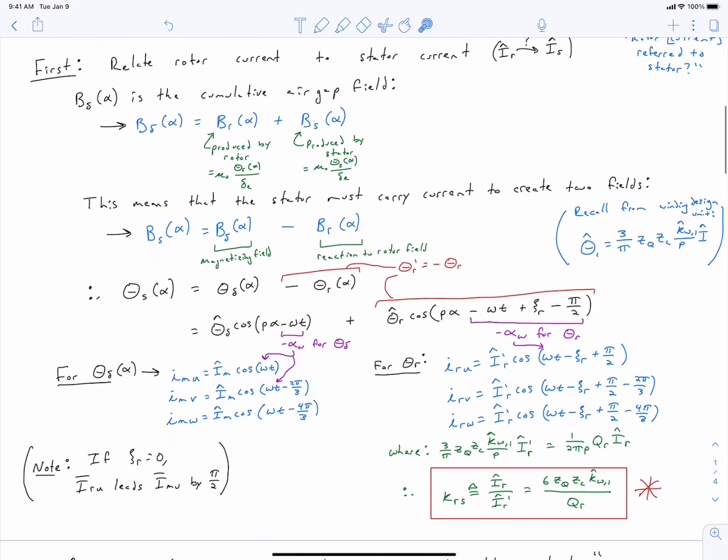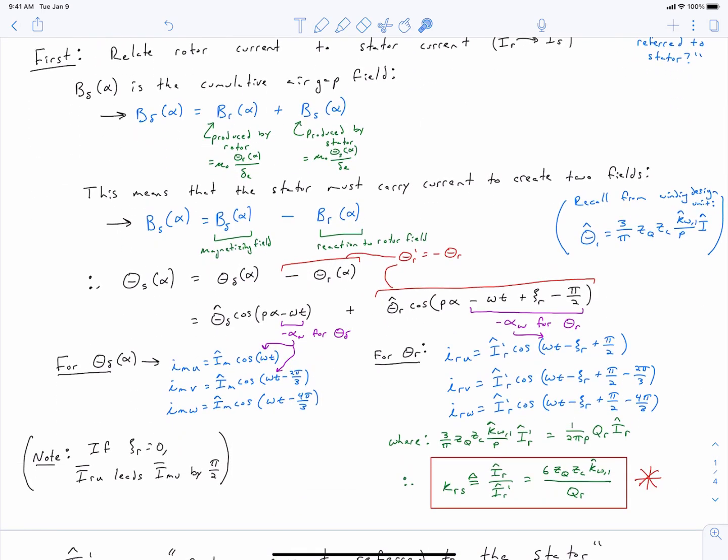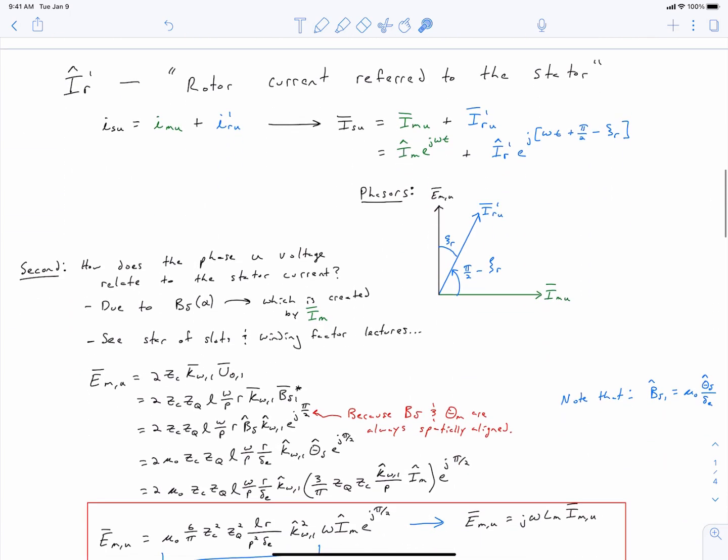And we did this by making an argument about the total air gap field being produced by a rotor component and a stator component, and then relating this via current linkage expressions that we developed in our winding design unit and the induction machine unit to be able to draw a phasor diagram of the machine.